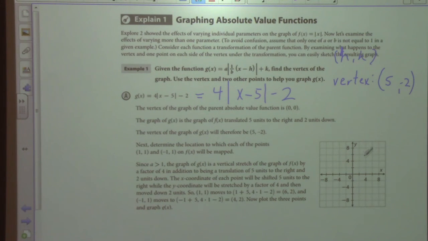And then for this one here, this -2 is a straight up -2. So we go to 5 comma -2. So here's 5 to the right, because these are by 2, right? So 5 comma -2. So our vertex is going to be right about here. Does that make sense?